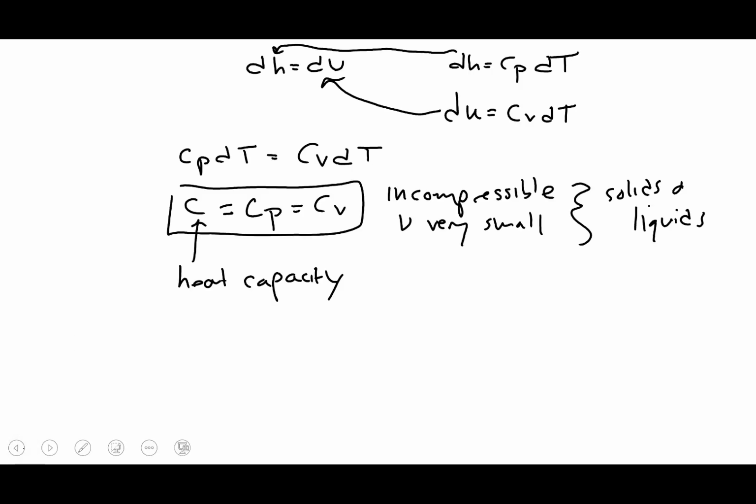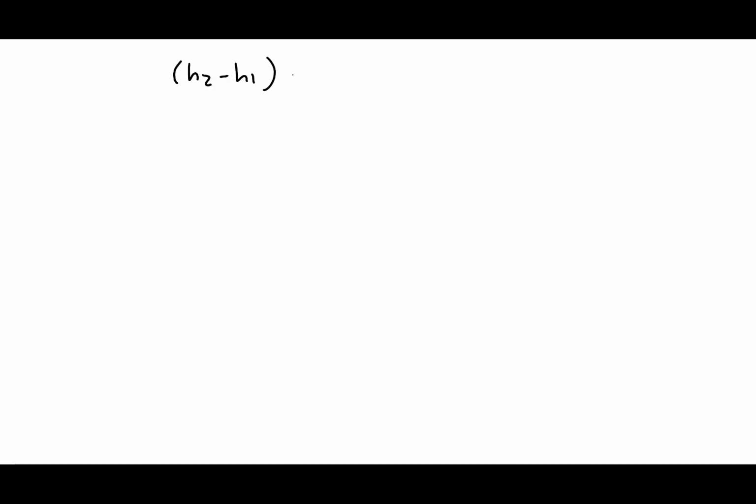So basically, dH is equal to dU, which is equal to C dT. Therefore, H2 minus H1 is equal to U2 minus U1, and this is equal to the integral from state 1 to state 2 of C dT. Then we can make another assumption that this heat capacity is fairly constant over a wide range of temperatures.